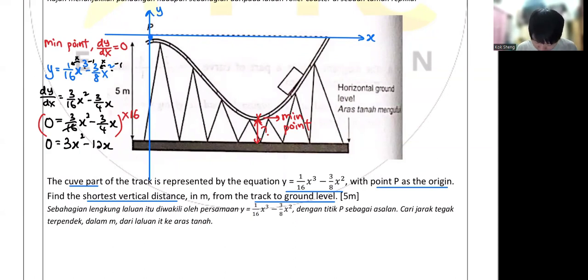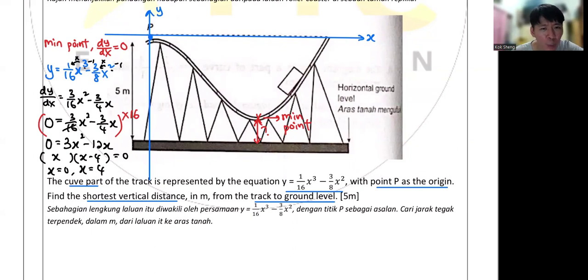So 0 and 4. So actually got two minimum points.